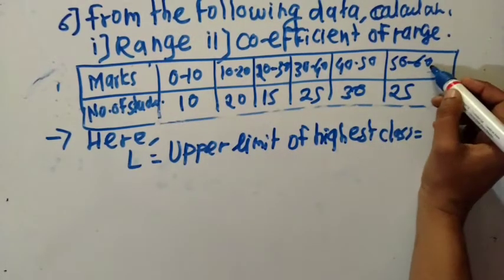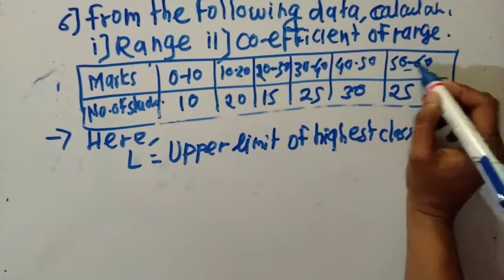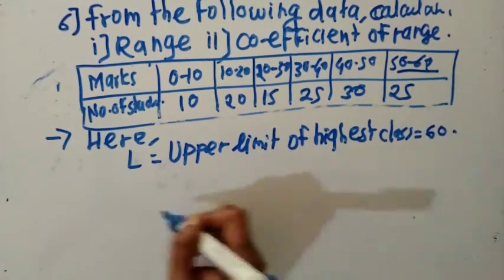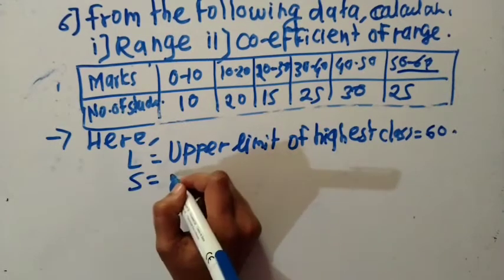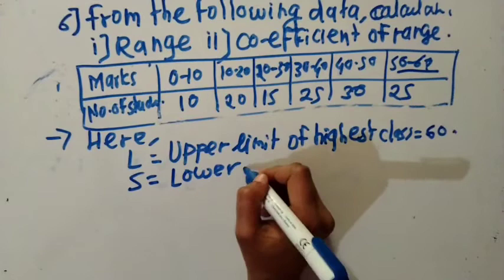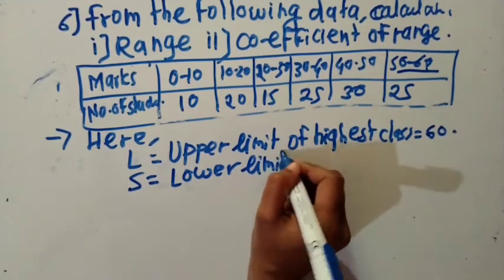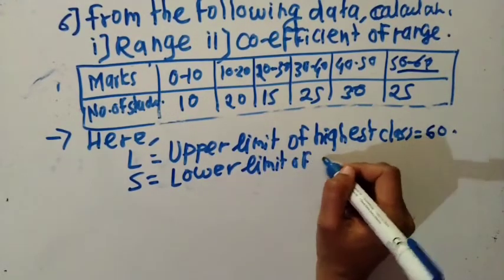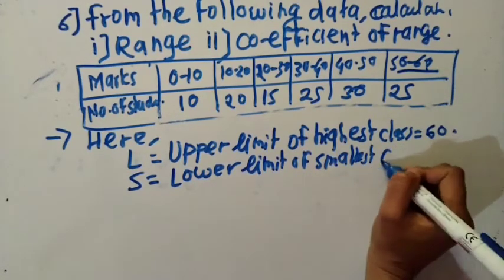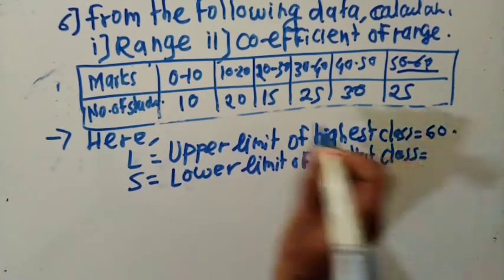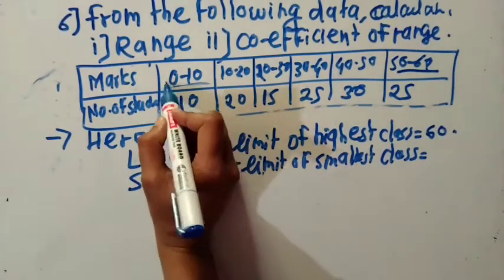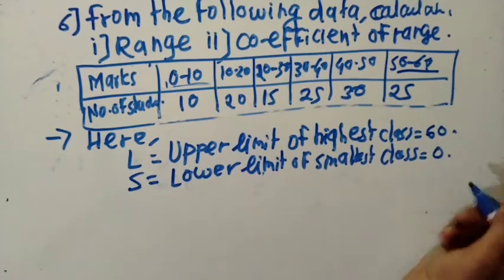So the highest class, its upper limit is 60. So L is equal to 60 and S is the lower limit of smallest class. Here smallest class is the 0 to 10 and here lower limit is 0. So S is 0.